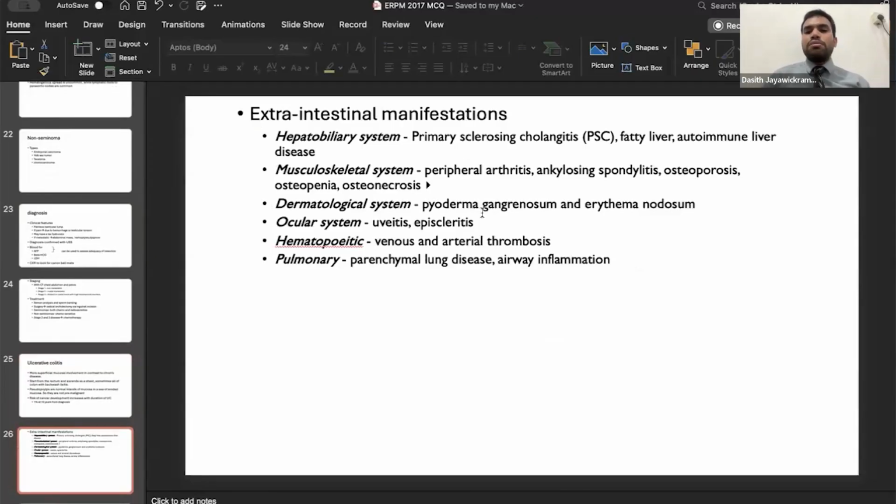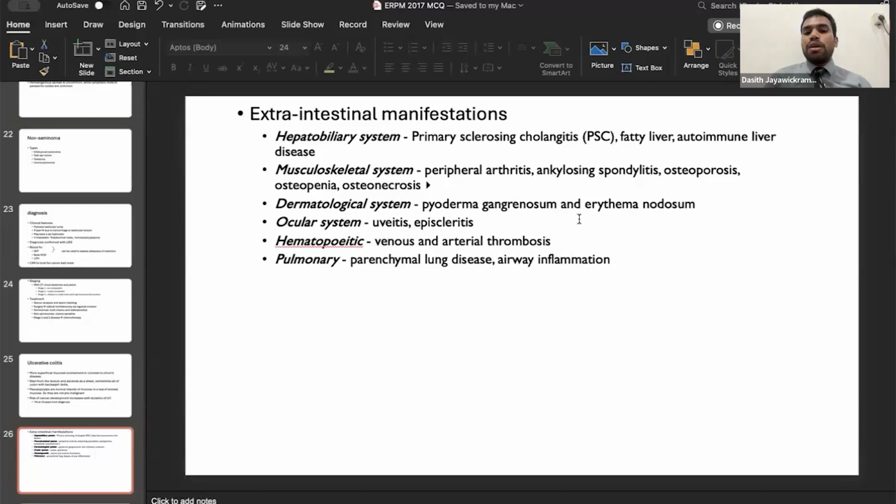It can involve the hepatobiliary system, such as primary sclerosing cholangitis, fatty liver, autoimmune diseases; the musculoskeletal system, peripheral arthritis, ankylosing spondylitis, osteopenia, osteonecrosis; the dermatological system, like pyoderma gangrenosum, erythema nodosum; the ocular system, uveitis, episcleritis; the hematopoietic system, venous and arterial thrombosis; pulmonary parenchymal lung disease, and airway inflammation. Let's go to our question.